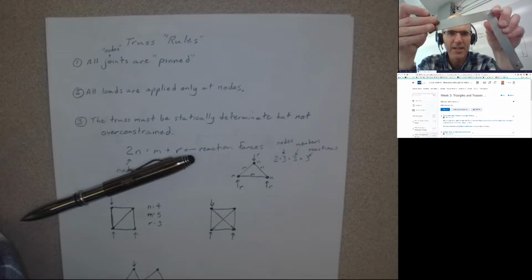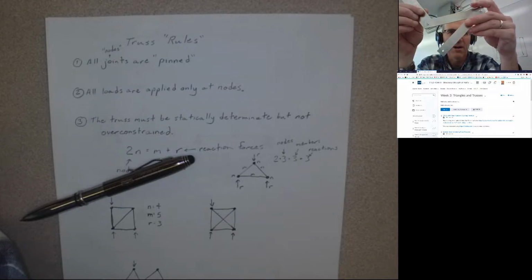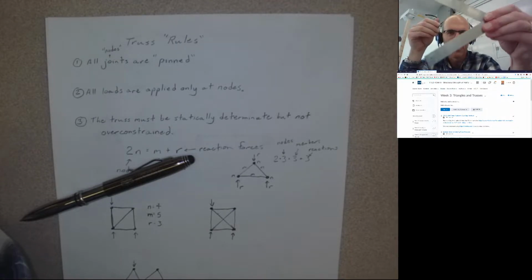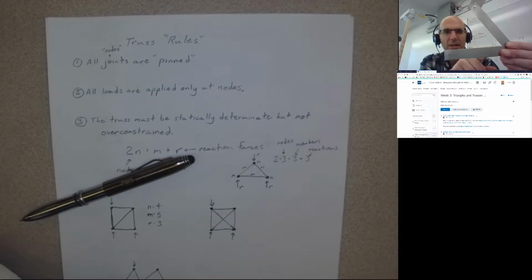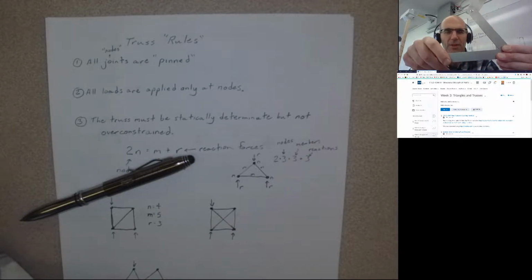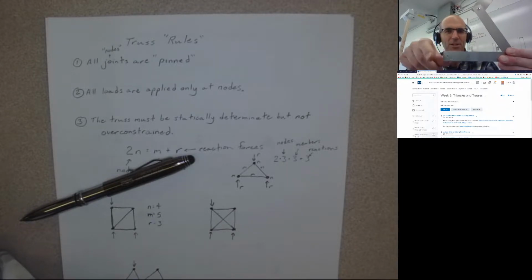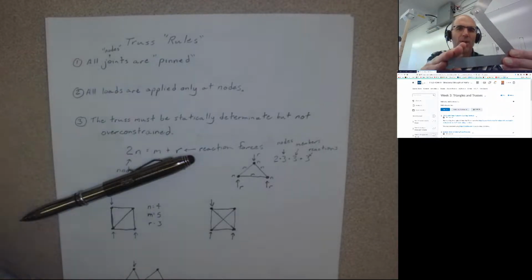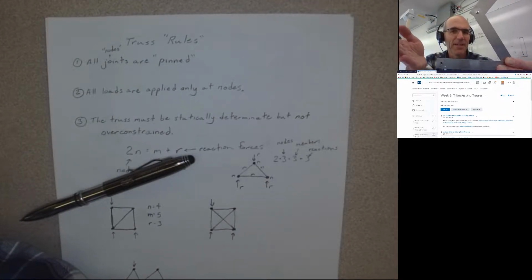Now, in reality, not all trusses are made that way. Quite a few of them are gusseted right in here, and they're joined together, and there's a brace and welds going on so that this isn't truly free to rotate. But because the member is so long relative to the forces being applied, that member will actually flex up and down, effectively giving you something similar to a pin joint.